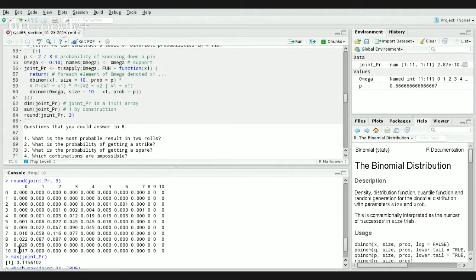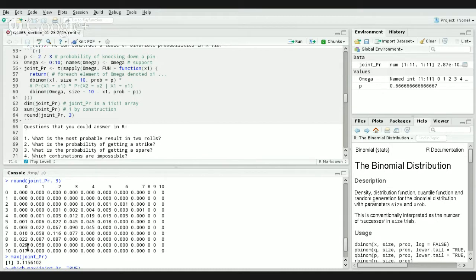So that would be 11, 22, 23, 24, 25, 26, 27, 28, 29, 30. Again, that is the most probable result, knocking down 7 pins on your first try and 2 pins on your second try. Question 2, what is the probability of getting a strike?